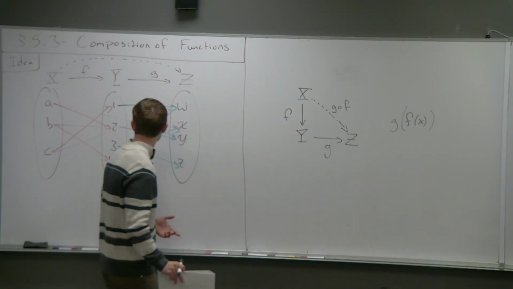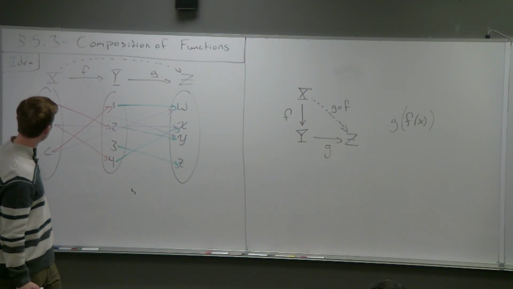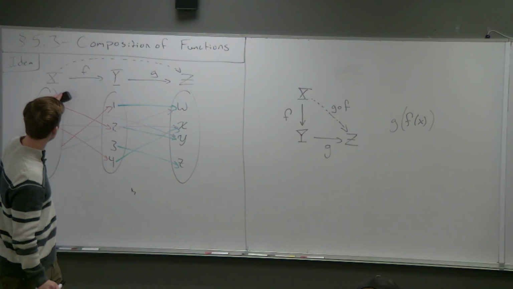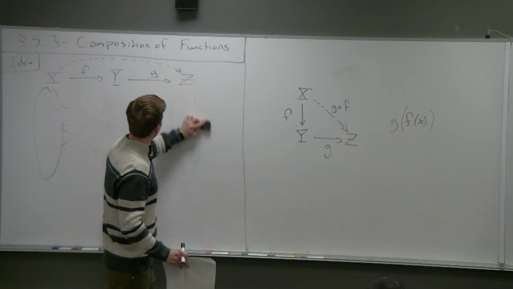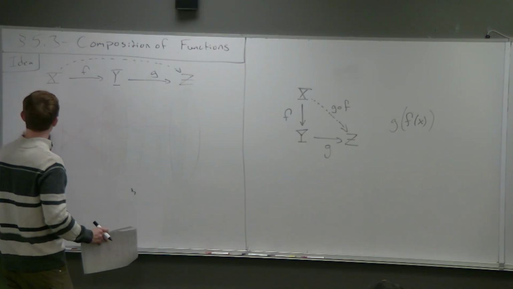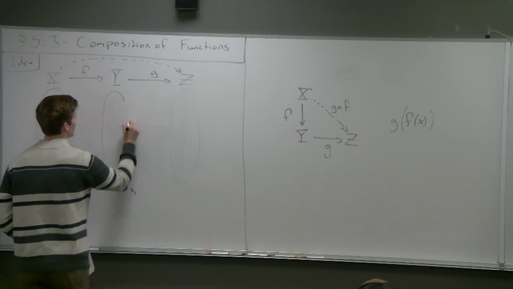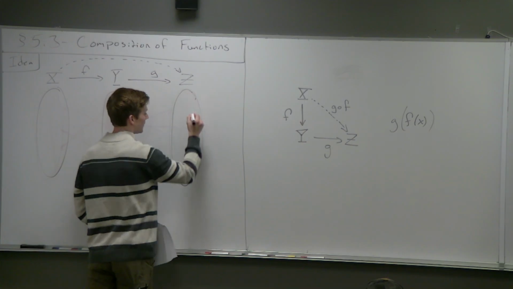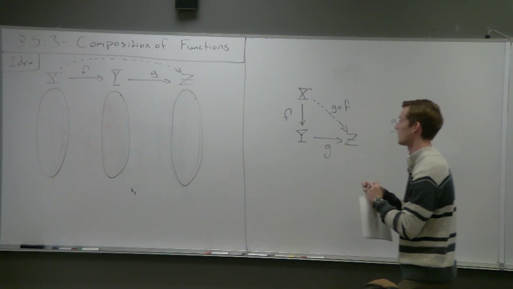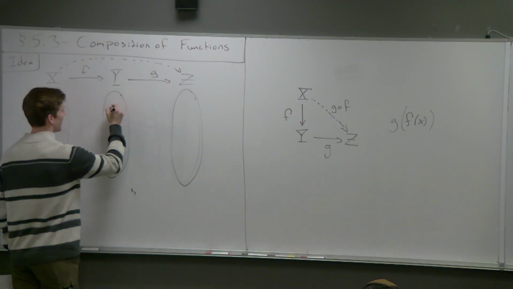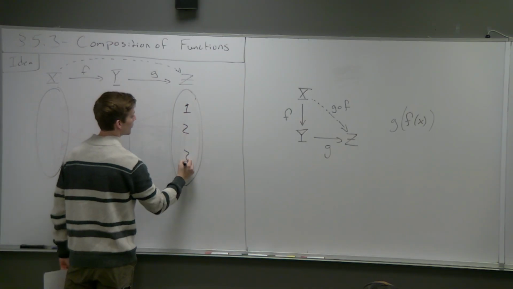For instance, let's think of an example really quick that might look a little easier. Let me get rid of all these arrows and make a nice new little diagram. So here's x, here's y, here is z, and let's say we have A, B, C, D, and just here I have a 1, 2, and a 3.